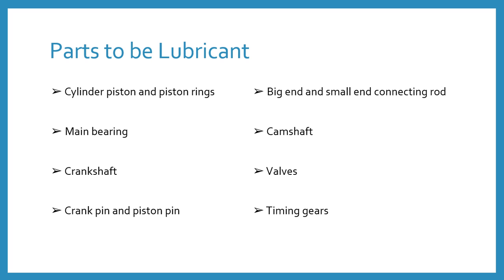Then camshaft, valves and timing gear. The valves need to open and close to let the airflow in and the exhaust gases out. So we need to control the opening and closing of the valves.